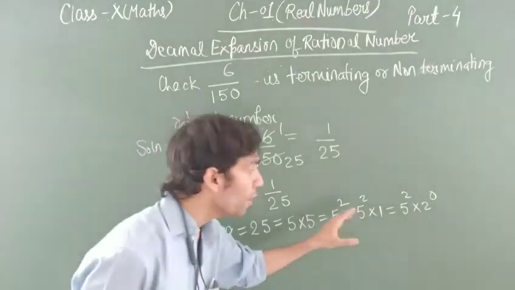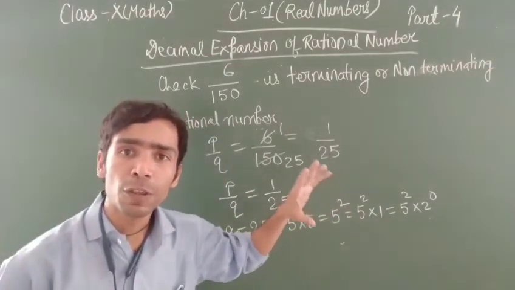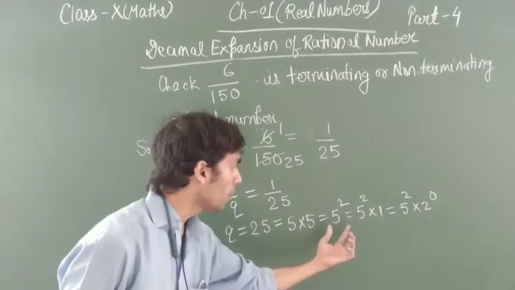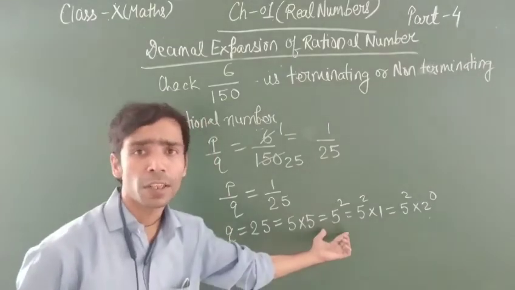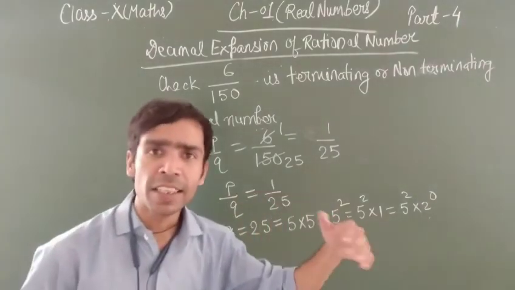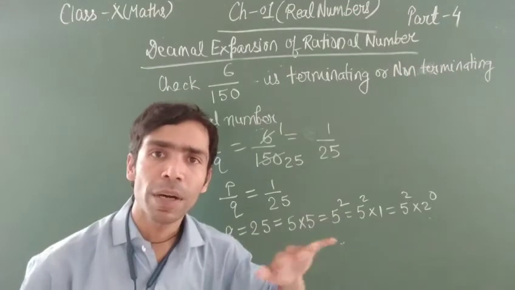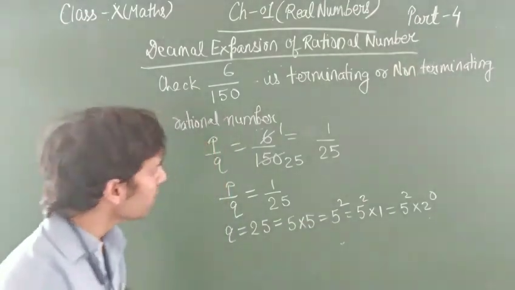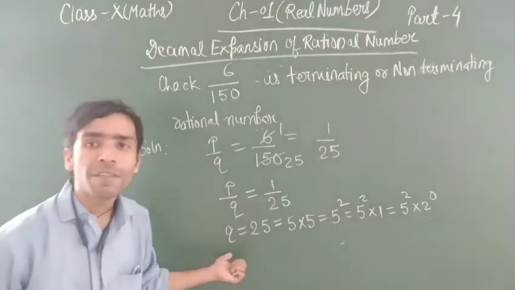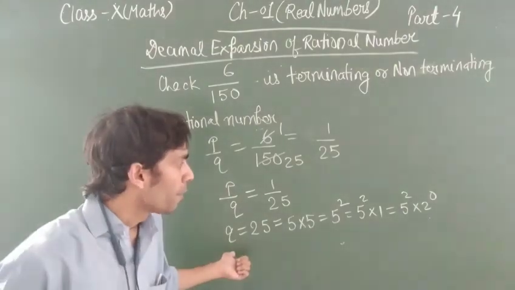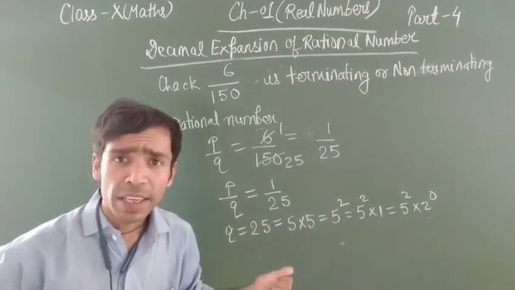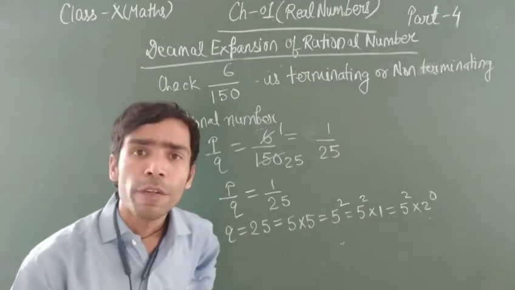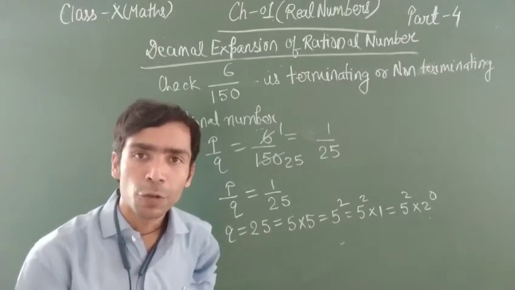For representing in the form of 2 to power m into 5 to power n, that's why I have multiplied by 1 here. Otherwise, if you solve only up to here, that will be correct also. But if you represent it in the form of 2 to power m into 5 to power n, it will be much better. So now you can see, student, when we do the prime factorization of the denominator, we get 5 square into 2 to power 0, which is equivalent to the form 2 to power m into 5 to power n.